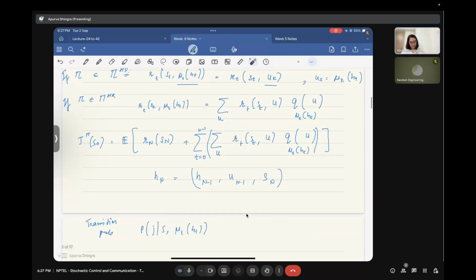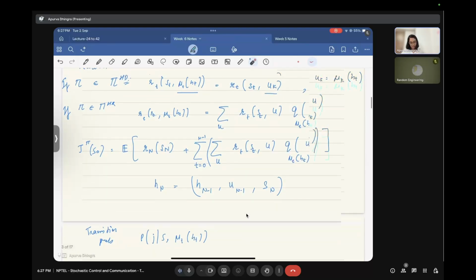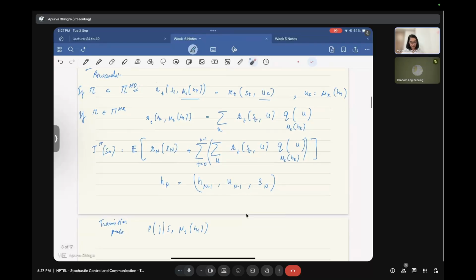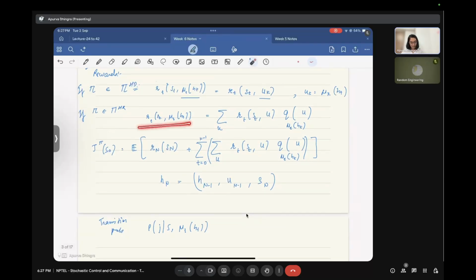All right. Let's continue now. So in such a situation, in case where we are talking about history dependent randomized policies, we can see that certain minor changes need to be done to the reward function.